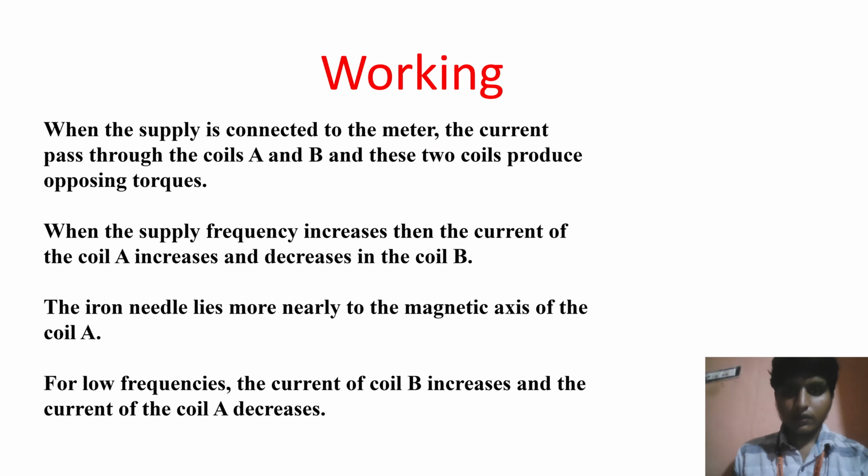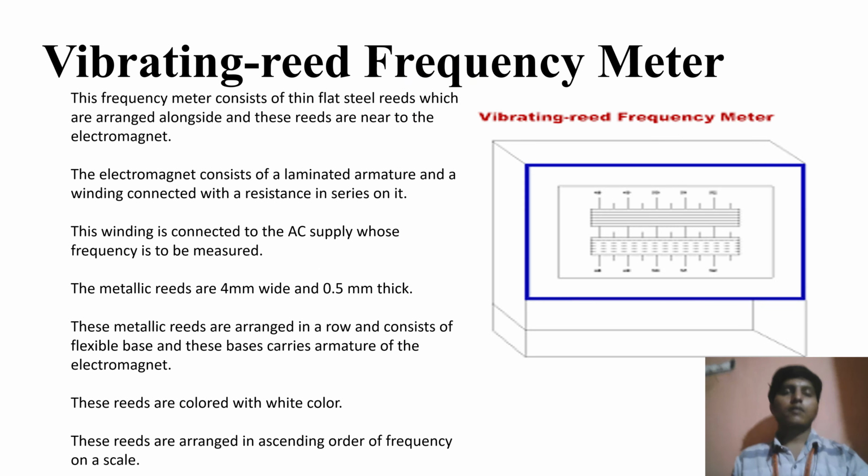And we go through another frequency meter, the vibrating reed frequency meter. This is not a digital electronic meter. Its construction consists of thin flat steel reeds arranged alongside, and these reeds are near to the electromagnet.